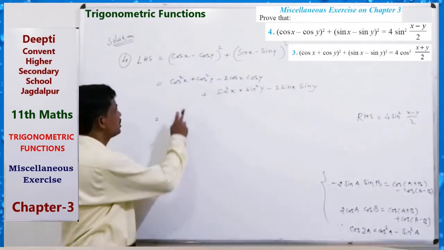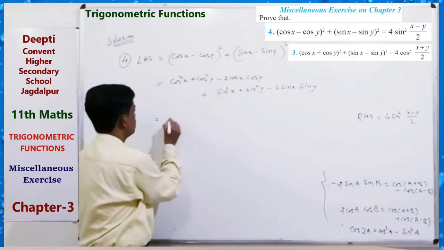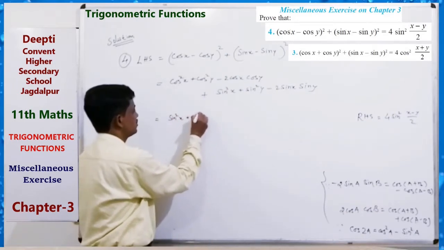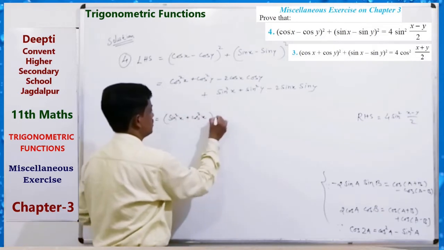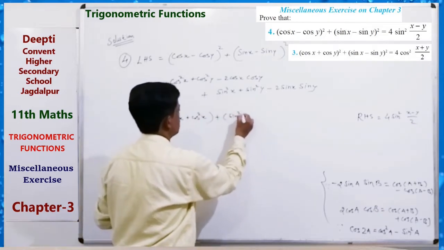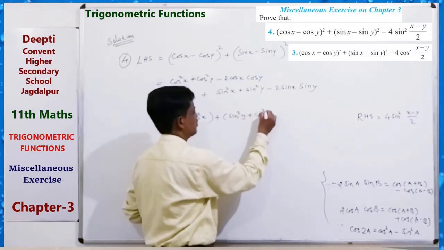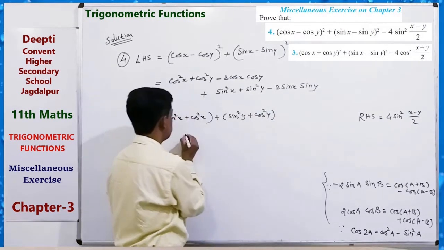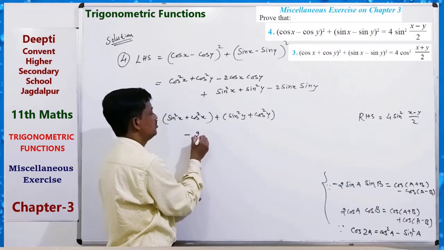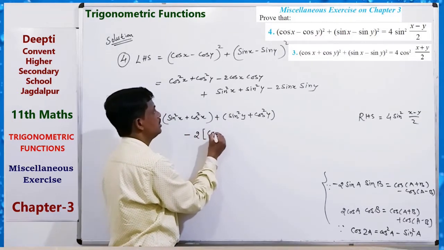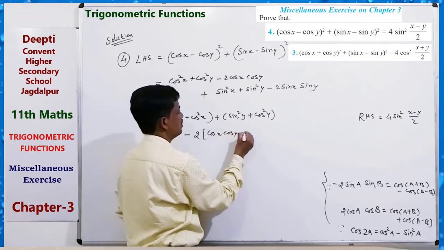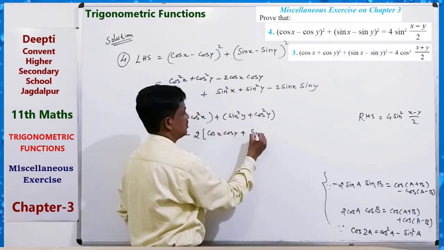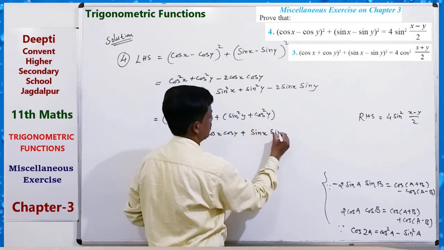We can combine sin square x plus cos square x plus sin square y plus cos square y, and also taking 2 common, minus 2 of cos x cos y plus sin x sin y.